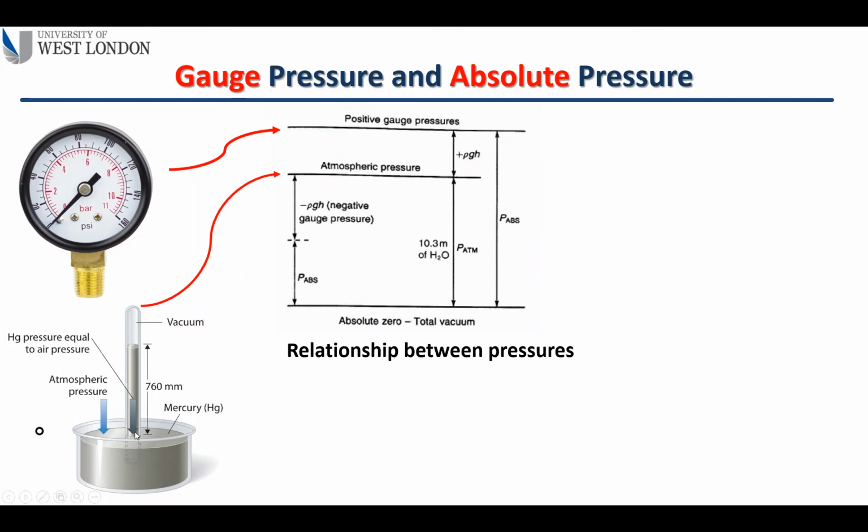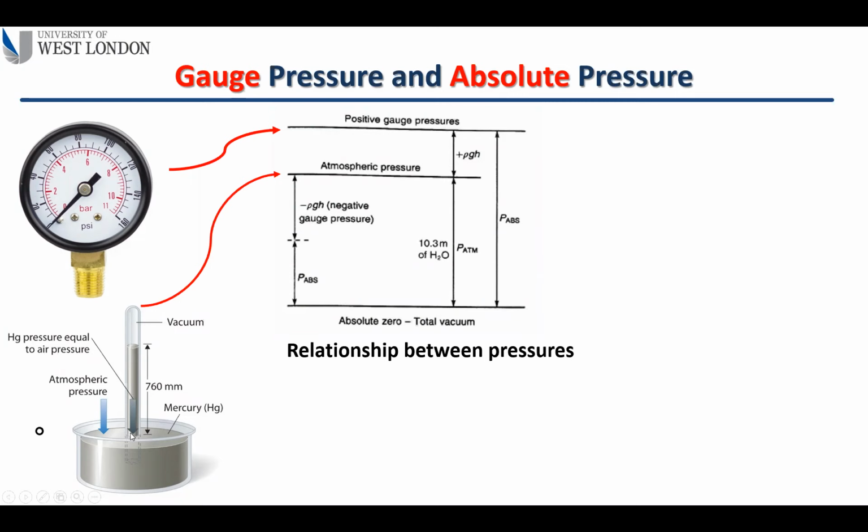We make the tube upside down and put it inside a container of mercury. Then the pressure from the mercury, denoted by Hg, is equal to the pressure of the atmosphere. The atmospheric pressure pushes on the container surface of the mercury, and the column of the mercury has got the pressure.